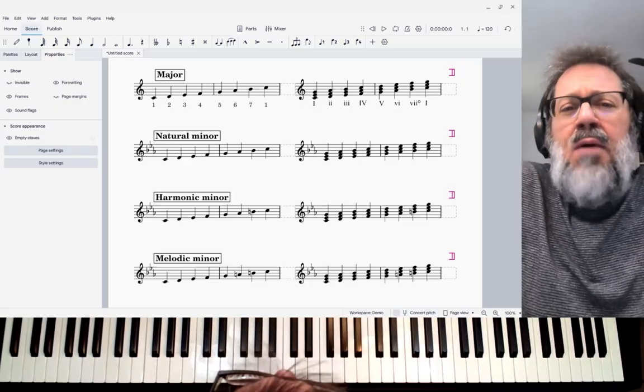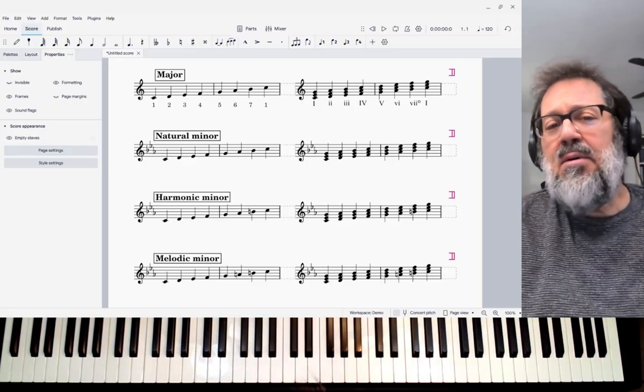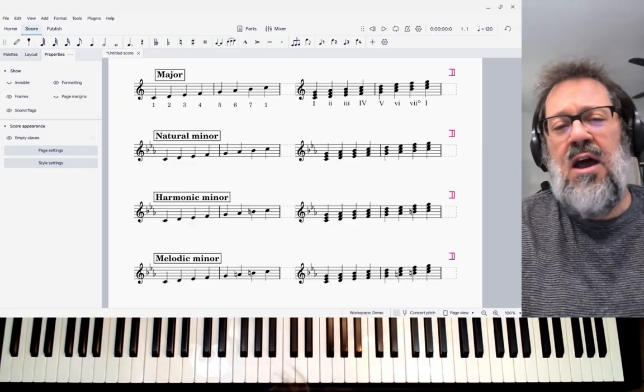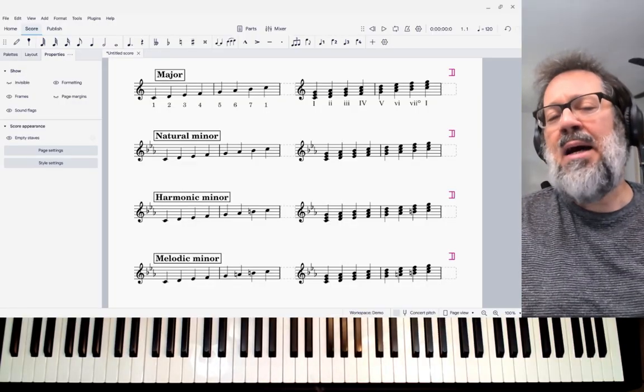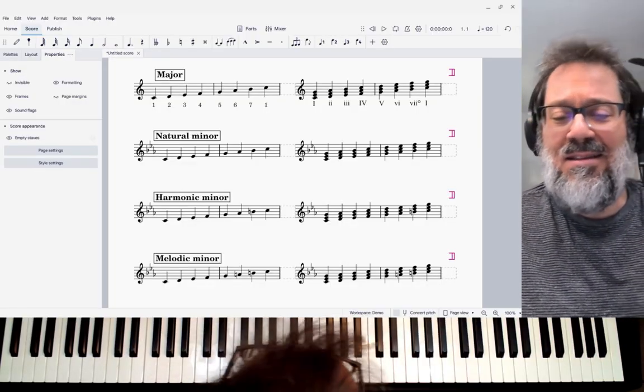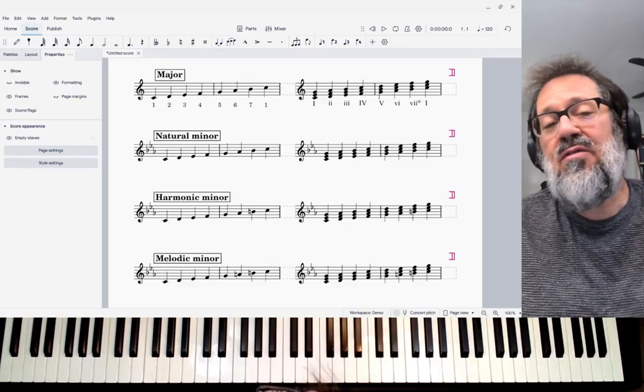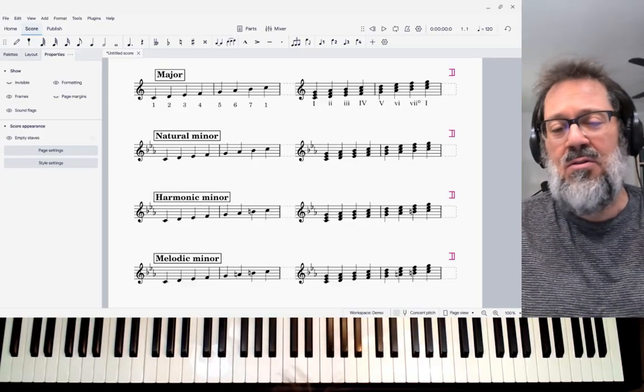In this video, I want to talk about the labeling of scale degrees and the Roman numeral analysis that we use in minor keys. This is a point that generates some confusion because there are really two different systems in common use.